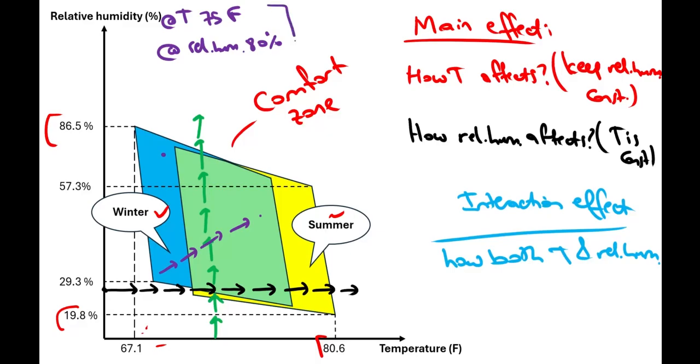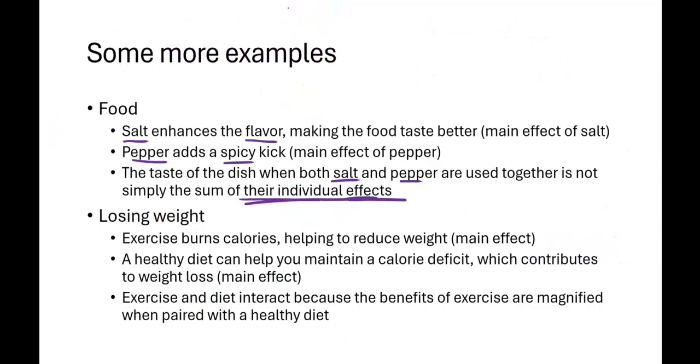But 75 Fahrenheit and 80% together is not the simple addition of the comfort at 75 and at 80%, because this one we don't like, because humidity is very high. This one is good in winter, and this one is also good in winter, but the two together are not good. That is what it means.